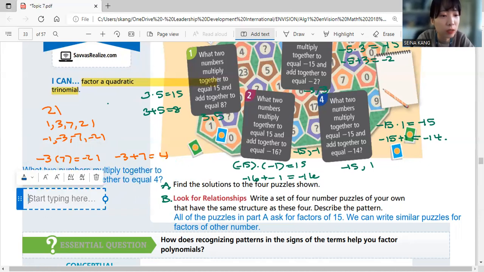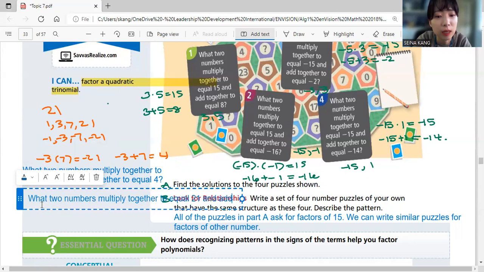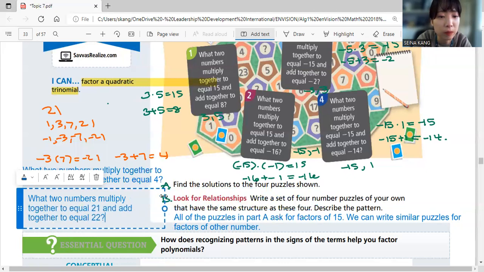Like, what two numbers multiply together to equal +21 and add together to equal 22? So that would be +21 and +1, right?